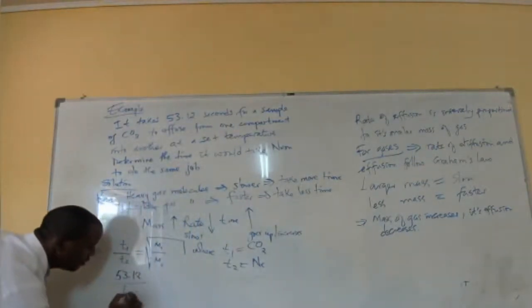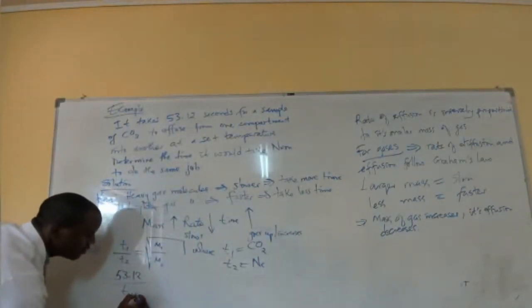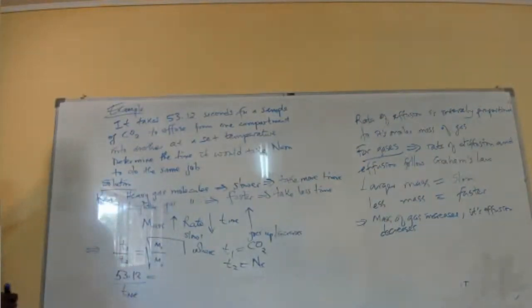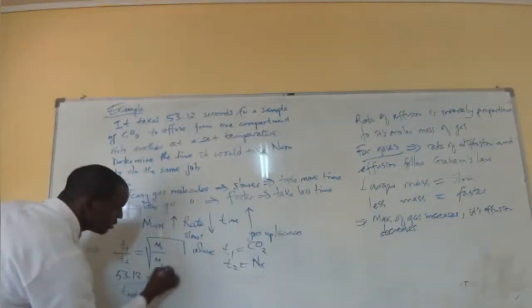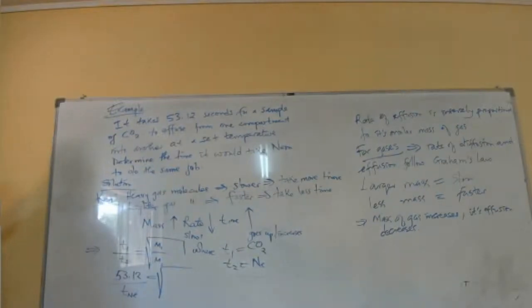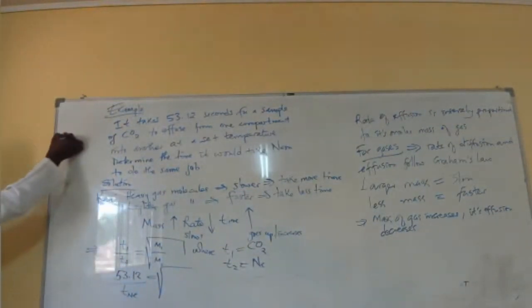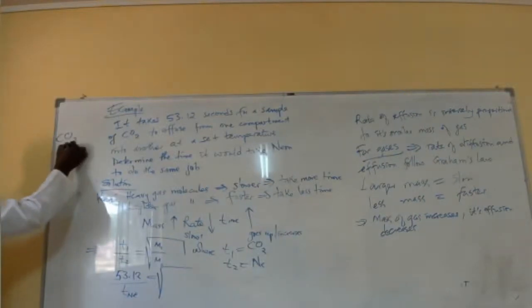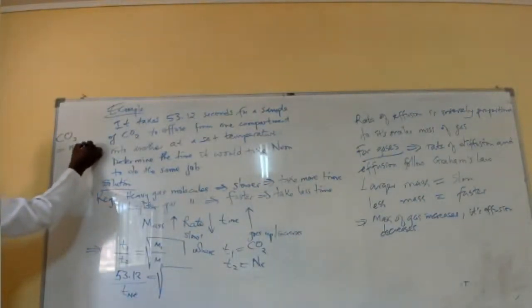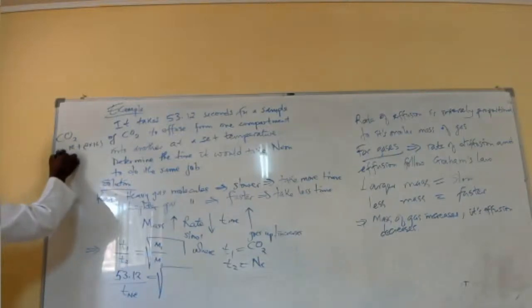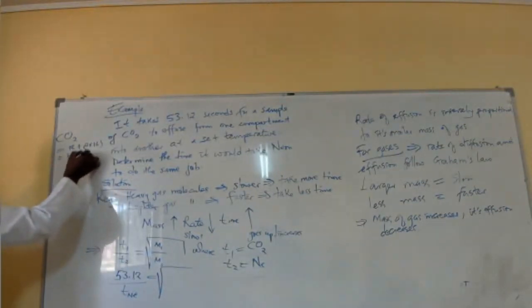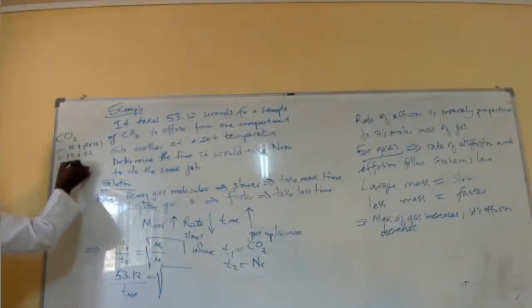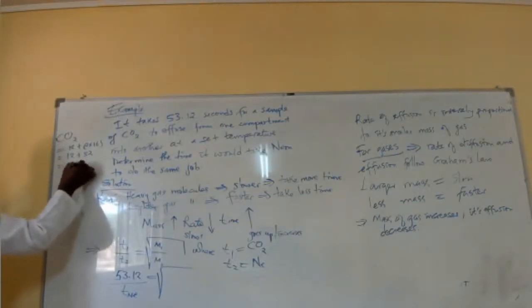So the time for neon is not yet known. That will be equal to the square root of the mass of carbon dioxide. The molar mass of carbon dioxide you can calculate quickly: that is 12 plus 2 by 16, which is 32. So we have 44.